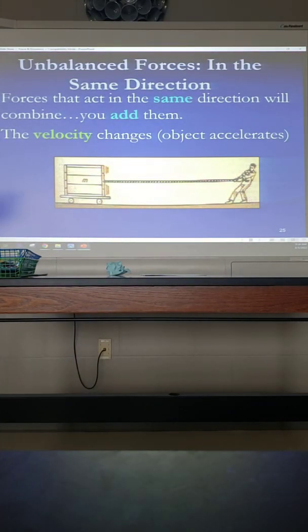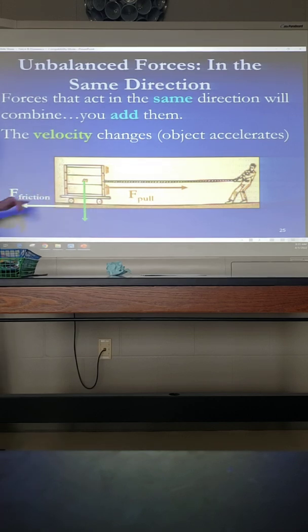All right, so unbalanced forces in the same direction. Forces that act in the same direction, we get to add them. We combine those forces, and that causes the velocity to change, which we know means it's really an acceleration happening. So he's pulling with a force to the right. Obviously, friction at the point of the wheels is working opposite that to the left.